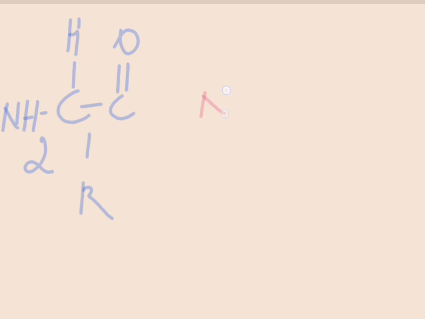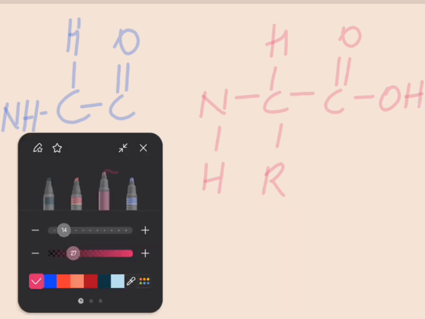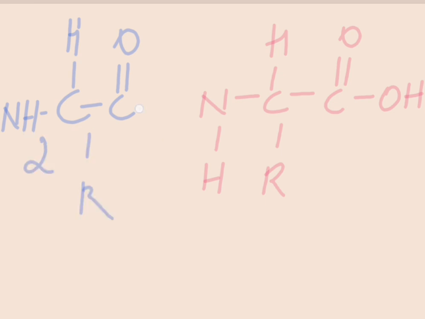So over here we had an H, then we had C, same thing, H, R, and then C double bond O, H, right? So this was actually the bond which was formed between two amino acids. So this is amino acid 1 and this is amino acid 2, right?